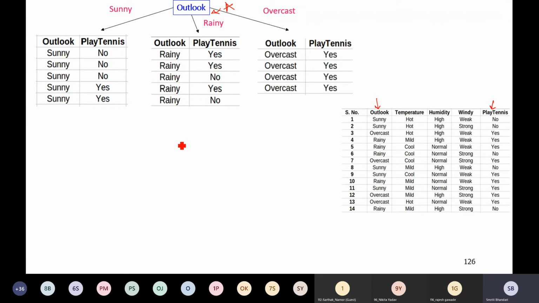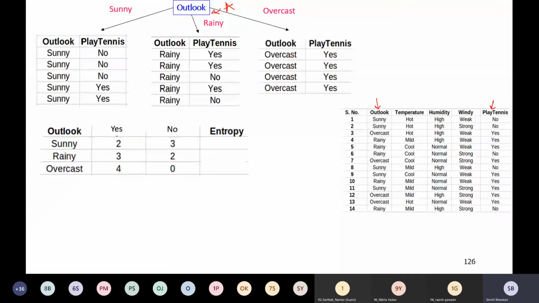What I want now is to compute the entropy for outlook equal to sunny, the entropy for outlook equal to rainy, and the entropy for outlook value overcast.